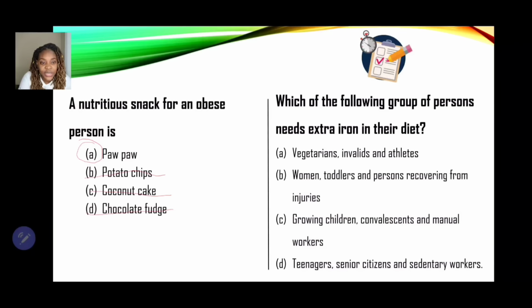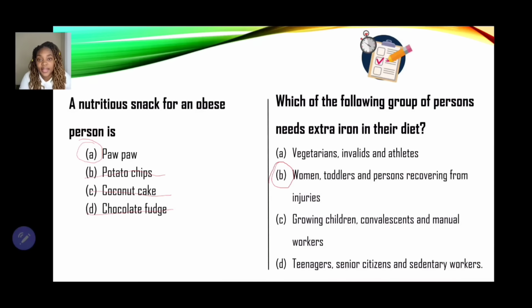D, teenagers, senior citizens, and sedentary workers. Now, who do you think will need the most iron? Right? So women will also cover female teenagers as well, we could say. So we're looking for the best response here. Persons who are recovering from injuries, yes. So the answer here is D.